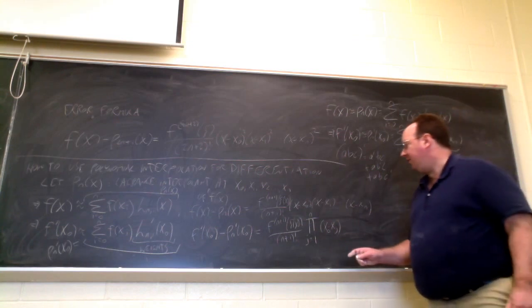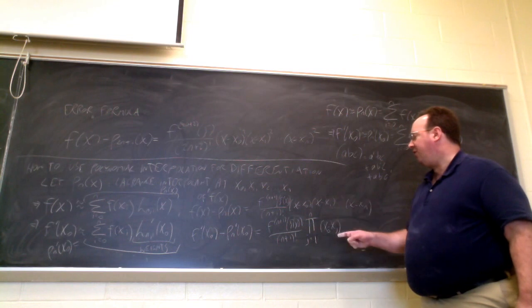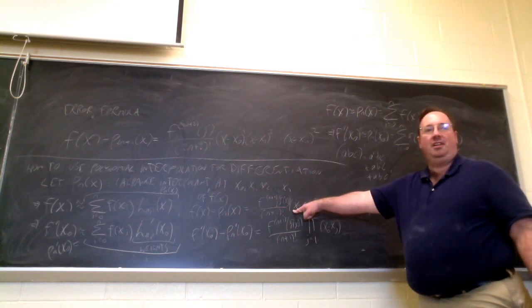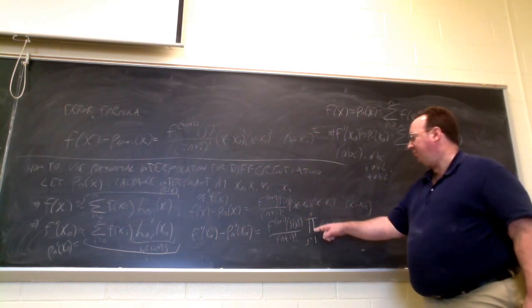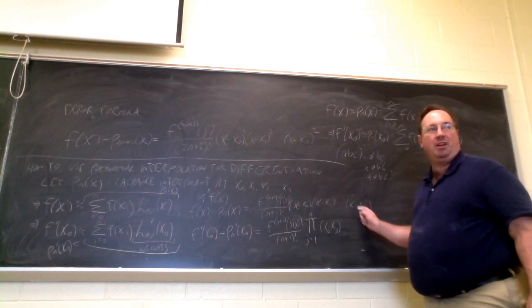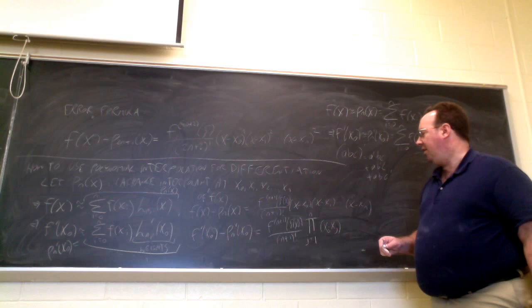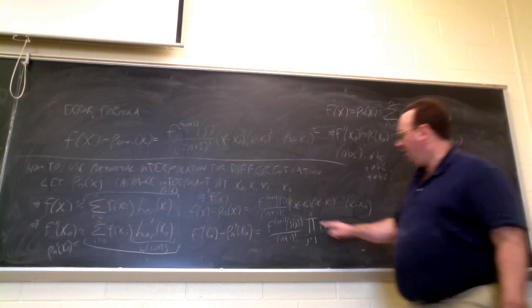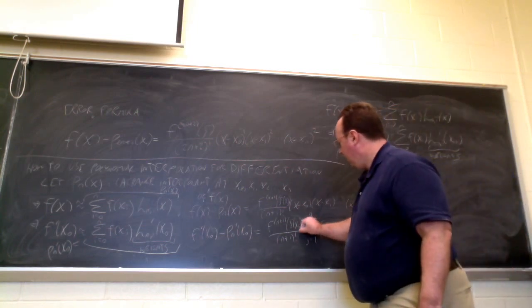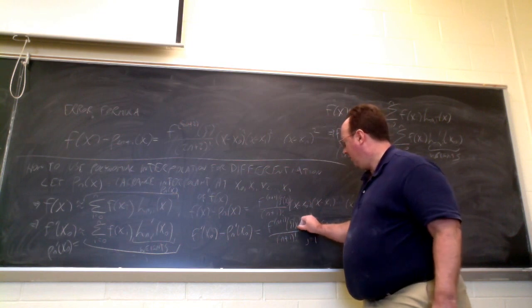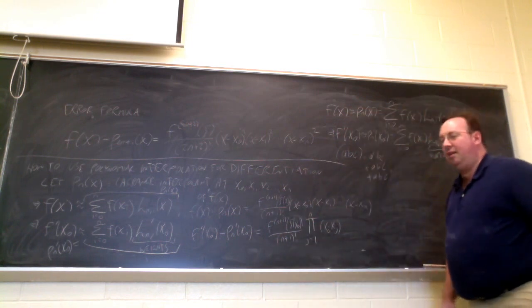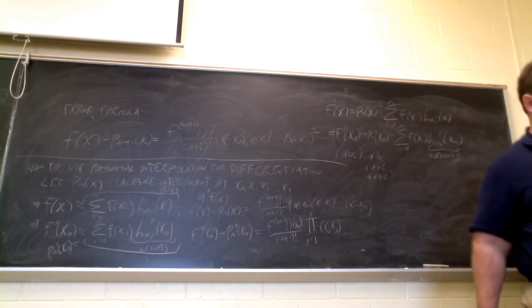Oh, well, the thing is, I'm plugging in x naught for x. Here I'm just representing these factors in a more compact way. What about xi? Is it still dependent on x, not x naught? Yes. Everything else is 0.